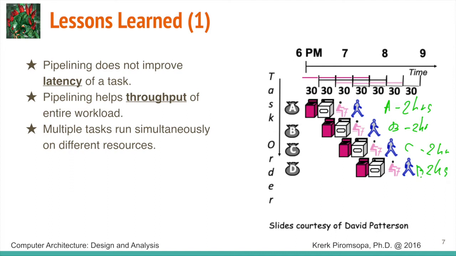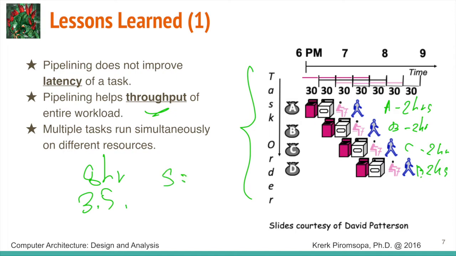But if we take a look at the overall, rather than use 8 hours, we can now reduce it to 3.5. So pipelining helps with the throughput. It does nothing for the individual tasks. If we talk about speedup, this goes from about 8 to 3.5, so it's 8 over 3.5.